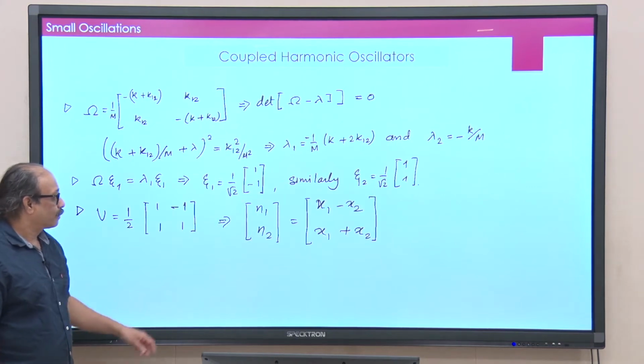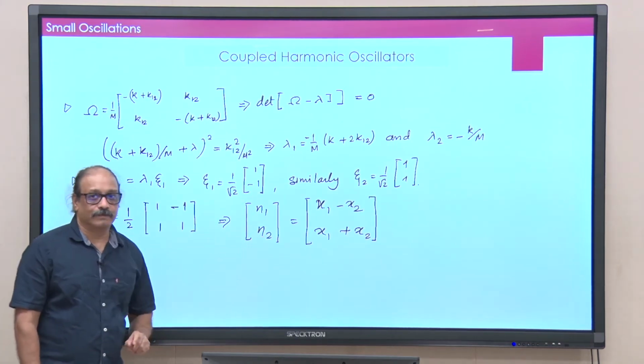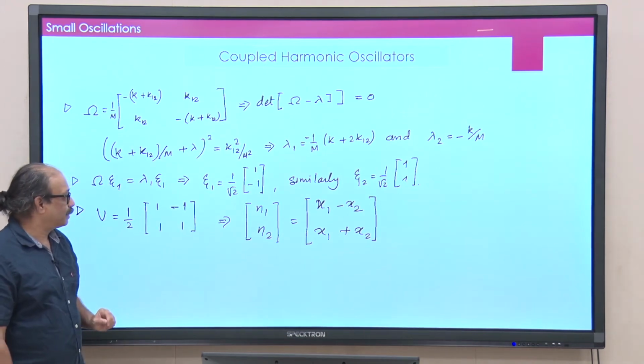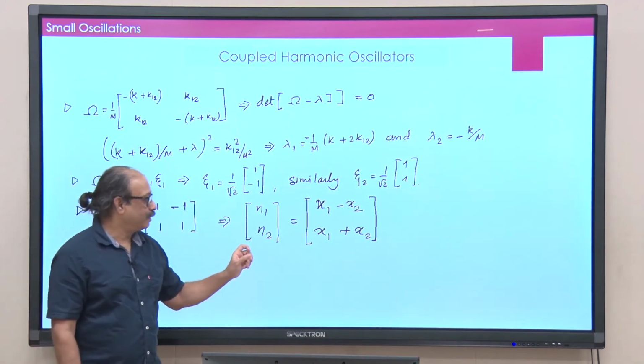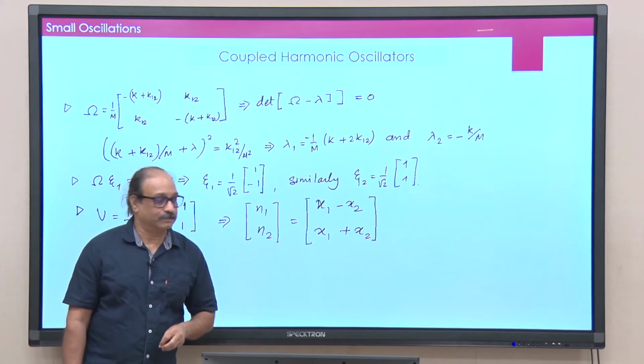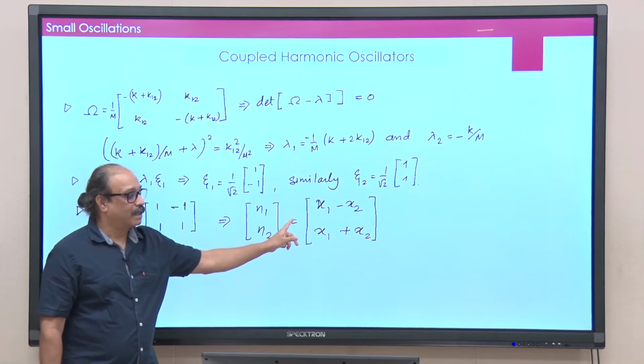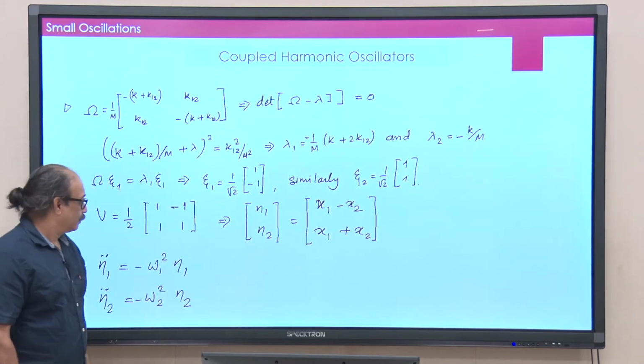And now eta 1, eta 2 is nothing but basically this U matrix operating on x 1, x 2, and that gives you the transformation with a factor of half there. Okay, fine.